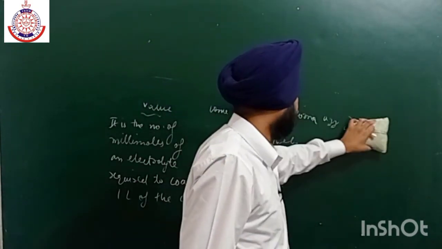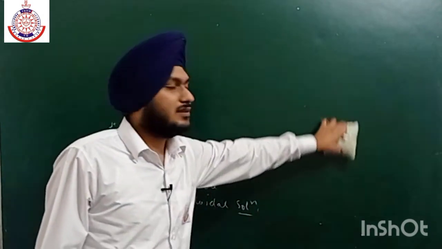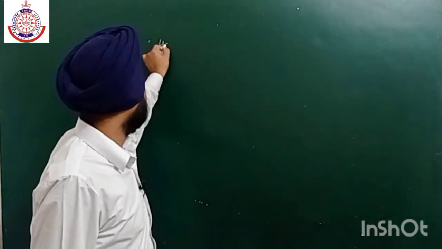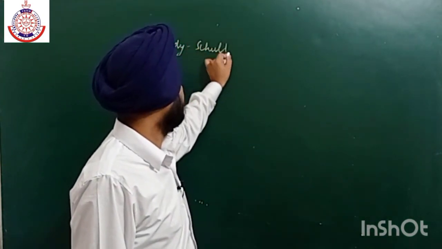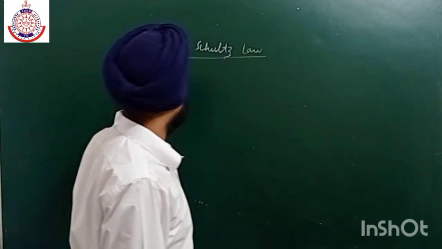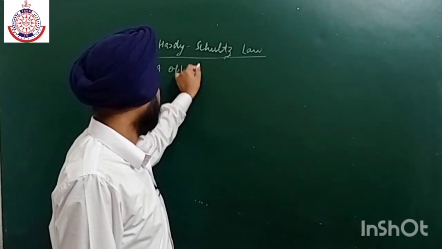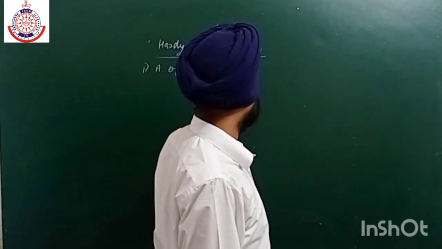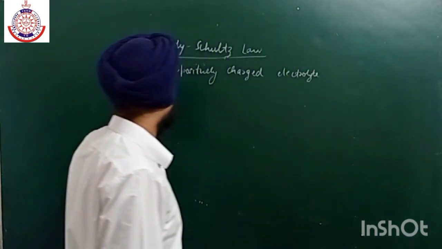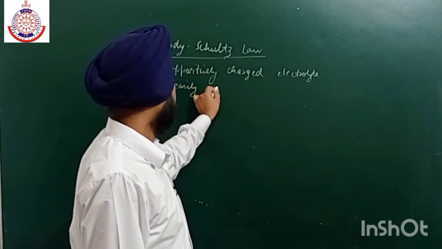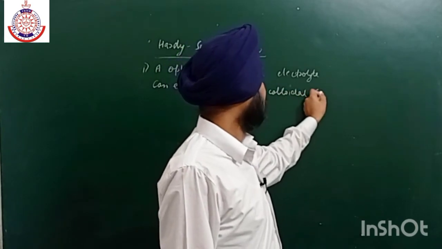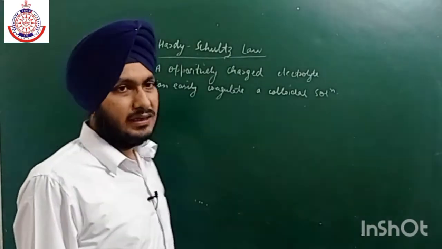So the first point of this law is a positively charged electrolyte can easily coagulate a colloidal solution. तो पहला law तो हम पहले ही पढ़ चुके हैं. ठीक है, तो बहुत इजीली colloidal solution क्या कर सकता है? coagulate कर सकता है.